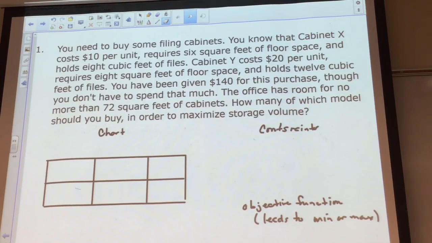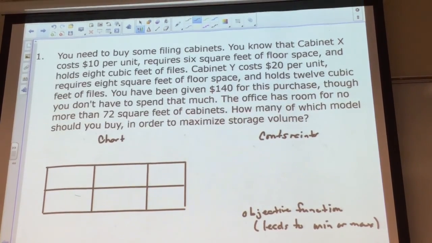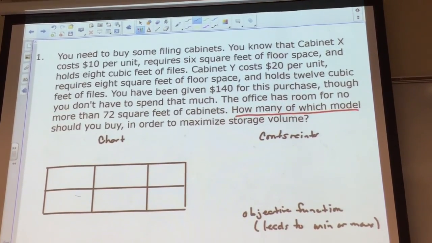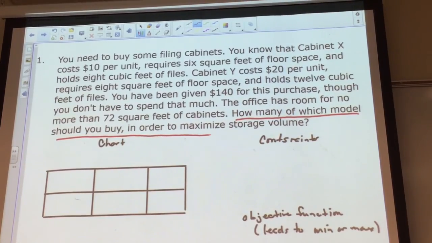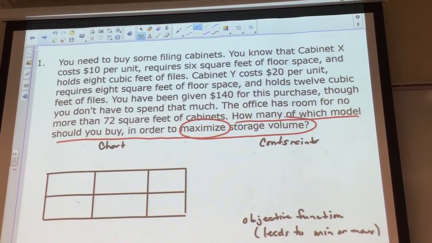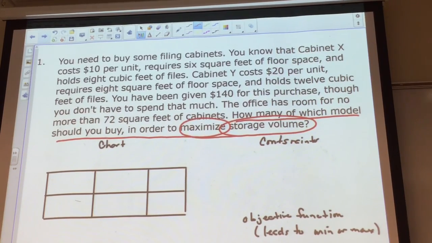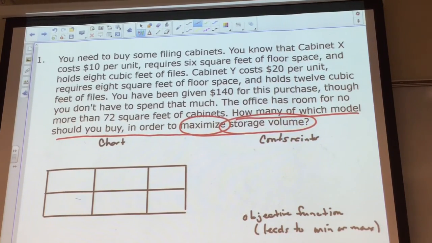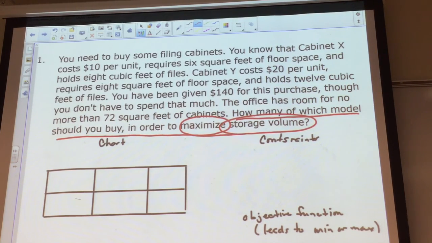And then finally, the last question that they ask us, how many of each model should be purchased in order to maximize the storage volume? May seem trivial, but when they mention that term maximum or minimum, that's part of the objective function.